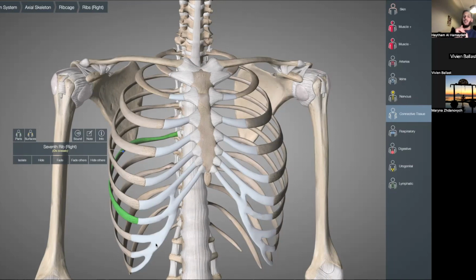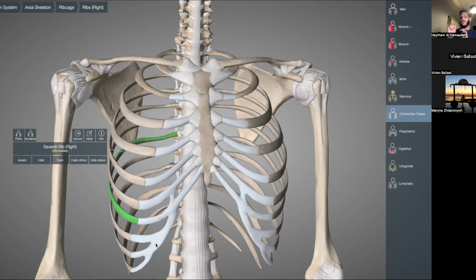So again, false ribs are 8, 9, 10. They are called false ribs because they do not articulate directly with the sternum, and they articulate with the rib above them by the costal cartilage. How?